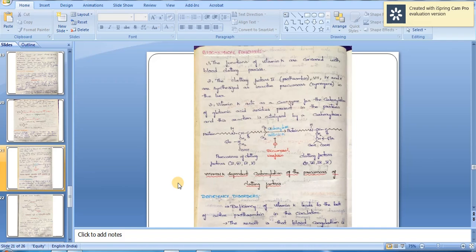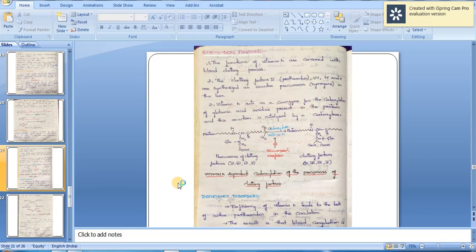The formation of gamma carboxyglutamate is inhibited by dicumarol, an anticoagulant found in spoiled sweet clover. Warfarin is a synthetic analog that can inhibit vitamin K action.